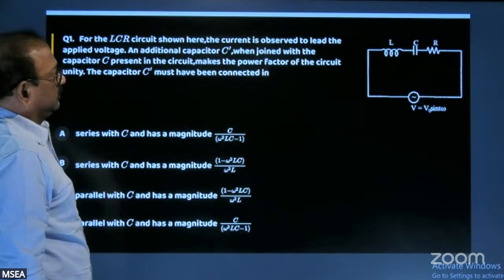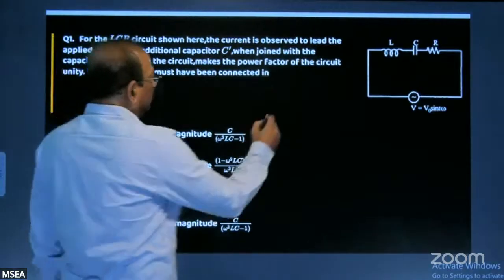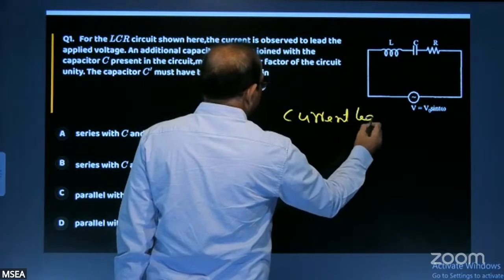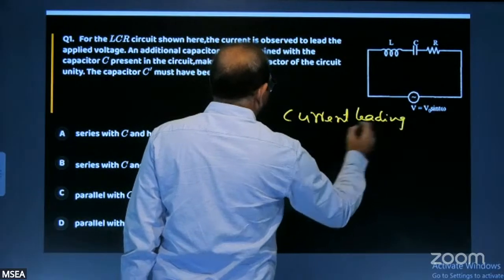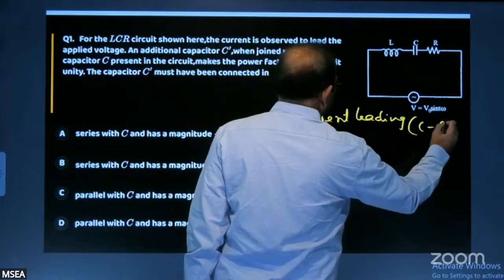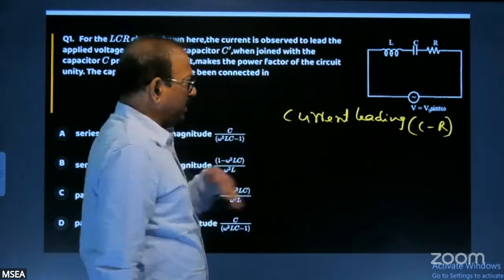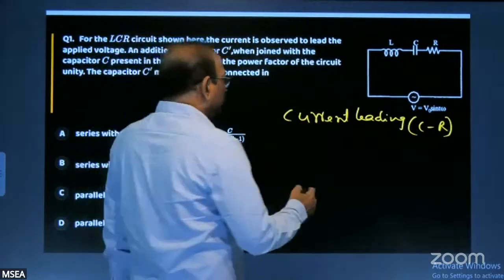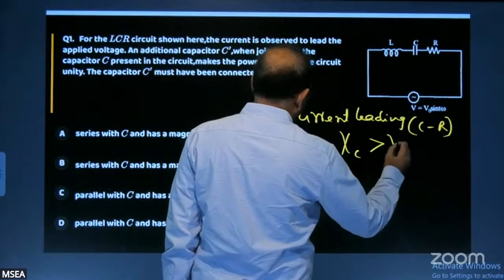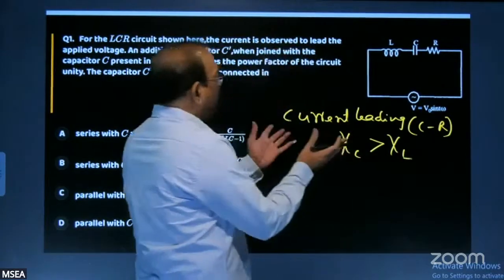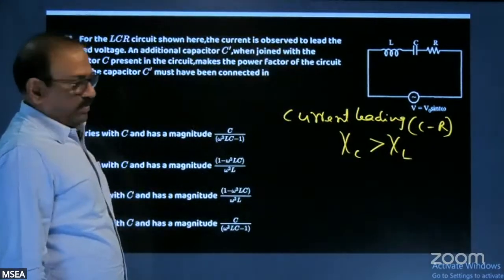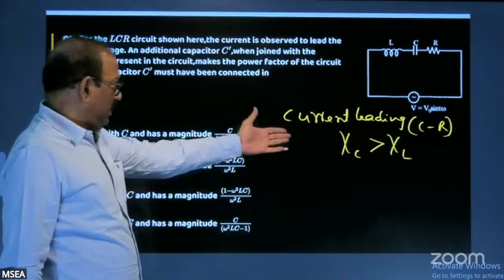Current leading means this circuit is acting as a CR circuit, which means capacitive reactance is greater than inductive reactance. This is what I understood from the first sentence; immediately after reading it, I get this idea.